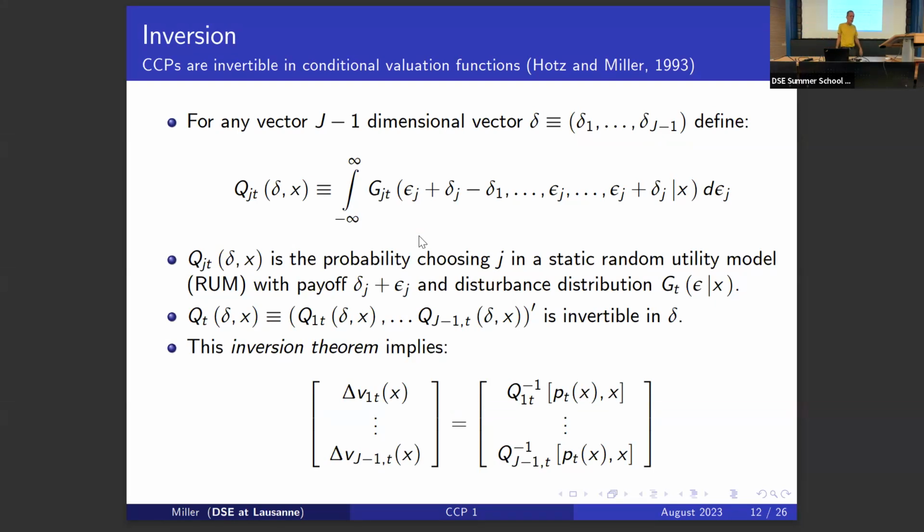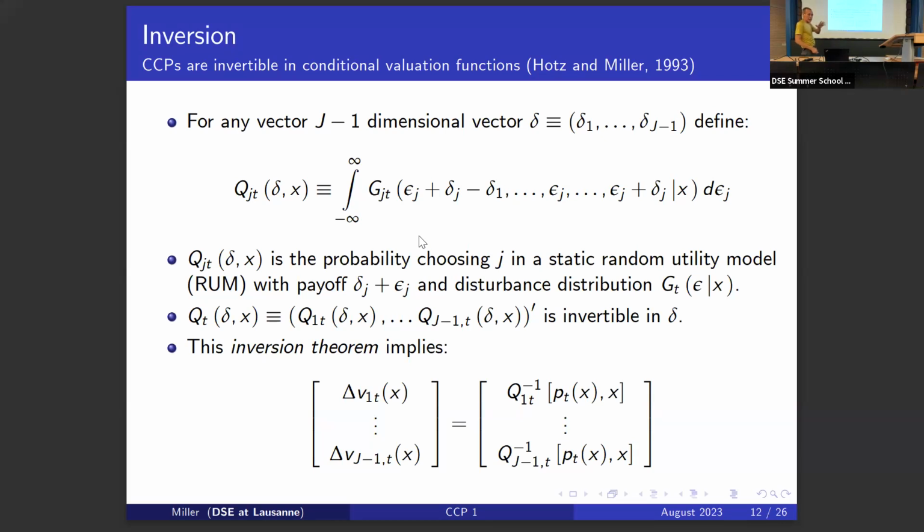All you're going to do is get a utility which is equal to delta j plus epsilon j. That's the model I have in mind here. And you're going to pick the one that gives you the highest utility. So do you pick delta 1 plus epsilon 1 or delta 2 plus epsilon 2? You just choose the biggest.